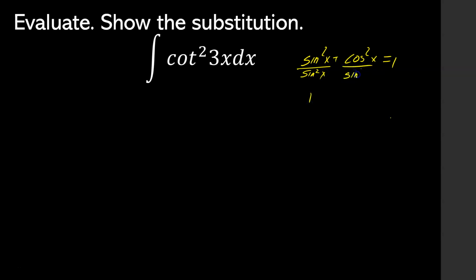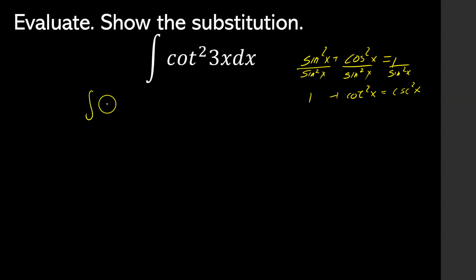Cosine squared divided by sine squared is cotangent squared. And 1 divided by sine squared is cosecant squared. Ideally, you'd be doing this in your head, but that's pretty hard to follow. Okay, so cotangent squared is going to be cosecant squared minus 1.